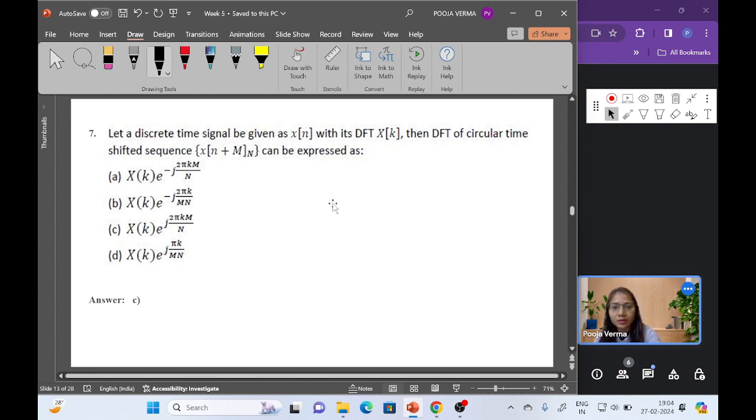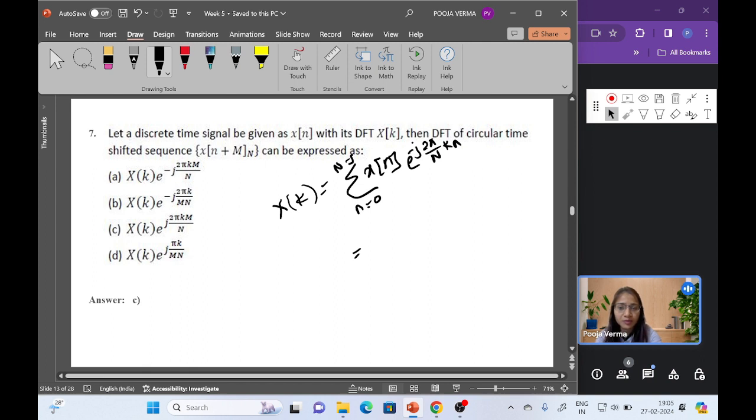So already you know the formula of the DFT. So x of k is the summation n is equal to 0 to N minus 1 of x of n e to the power minus j 2 pi by N k n. Okay, so this is the N-point circularly shifted sequence.